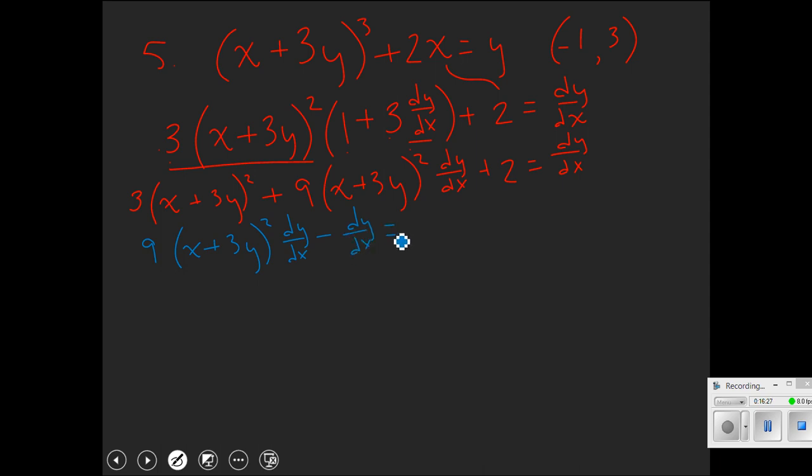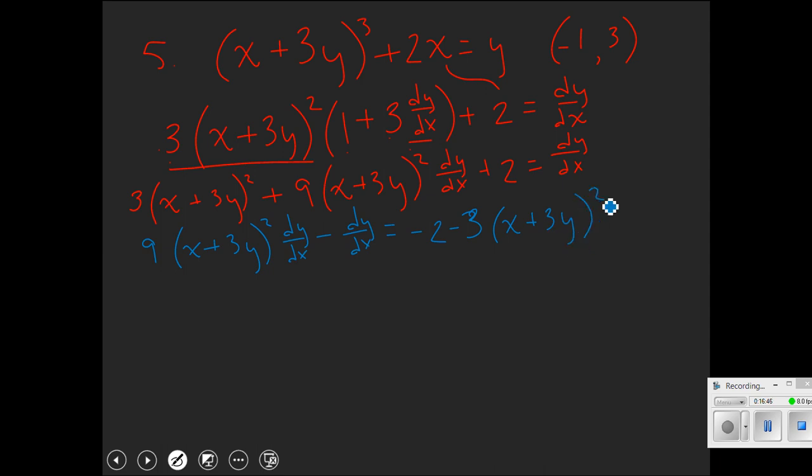Okay. And then that's going to equal, I'm going to move this 2 over, so it becomes negative 2, and then I'm going to move that other term over. So minus 3, there we go, (x plus 3y) squared.